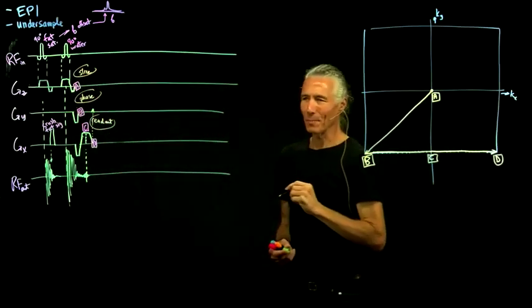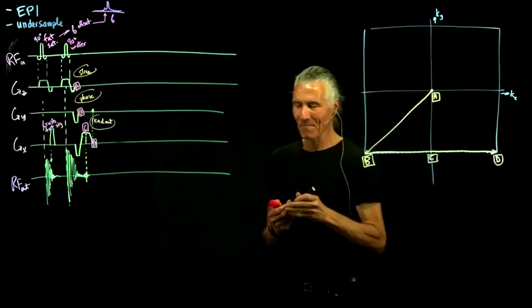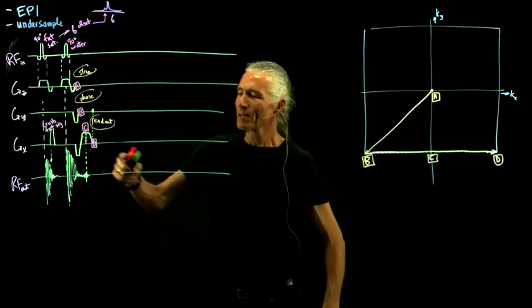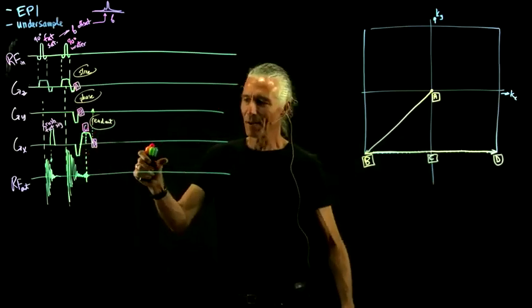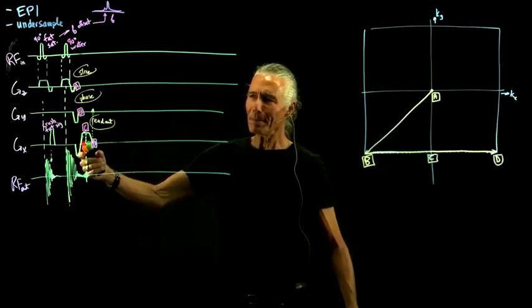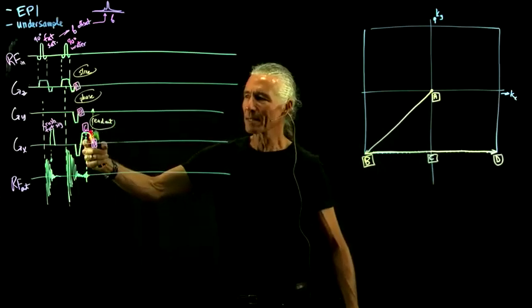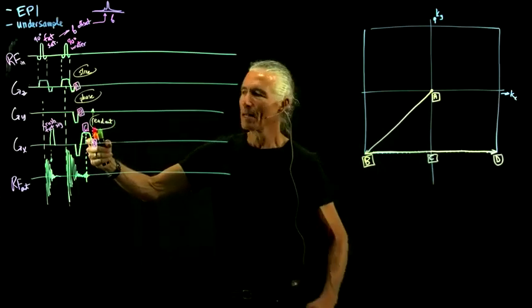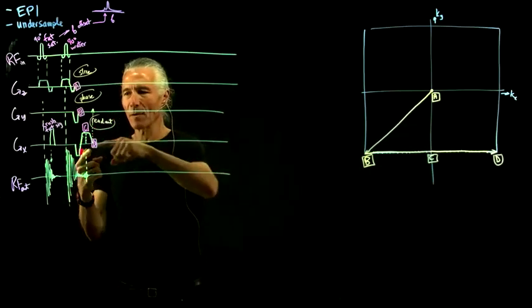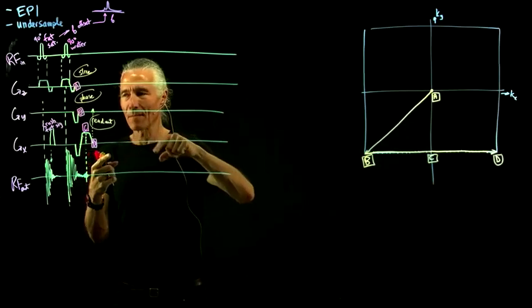That's called a blip. Why do they call it a blip? If you listen to one of these sequences, what you hear is a beep, beep, beep, a really high-pitched sound, like 1,000 hertz. The reason is that this looks like a 1,000 hertz sine wave, going up and down 1,000 times a second.